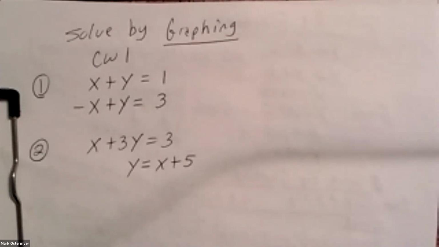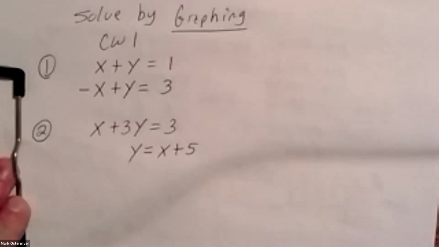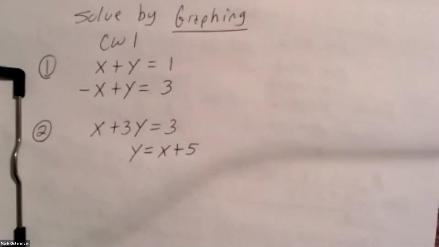All right, anybody get the solution to number one here? Anybody get the solution for number one? I got (-1, 2). All right, (-1, 2). Anybody else get (-1, 2)?